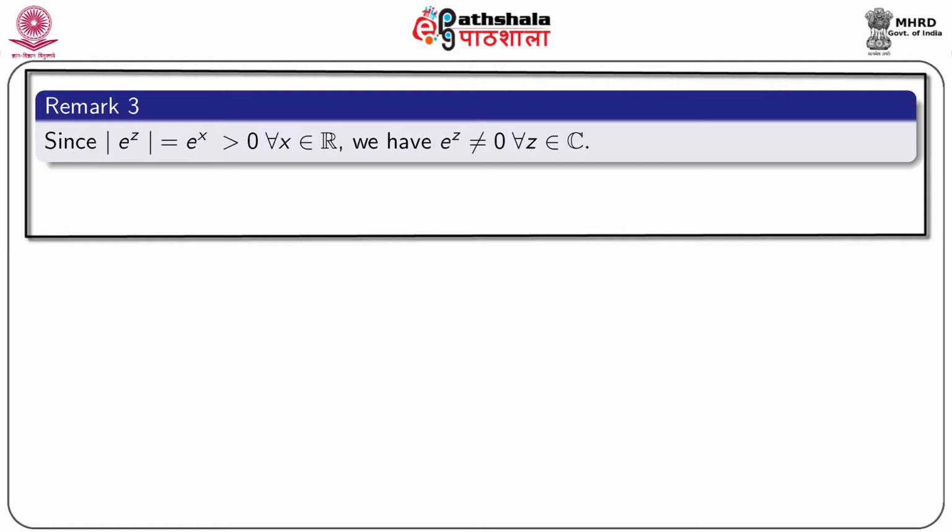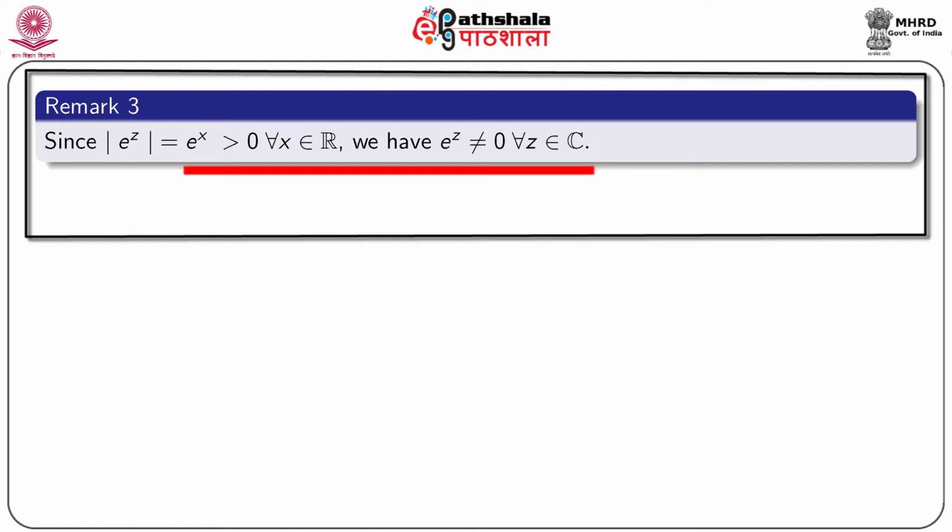So another result, we have modulus e to the power z is equal to modulus e to the power x times e to the power iy. Since modulus e to the power iy is 1, we get modulus e to the power z equal to e to the power x, which is obviously positive for all real numbers x.